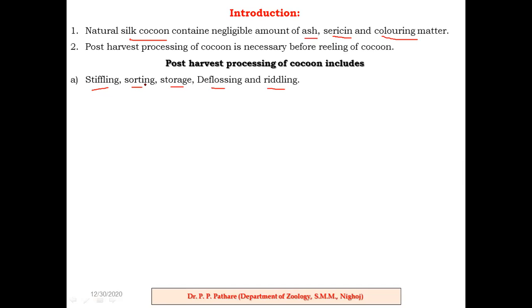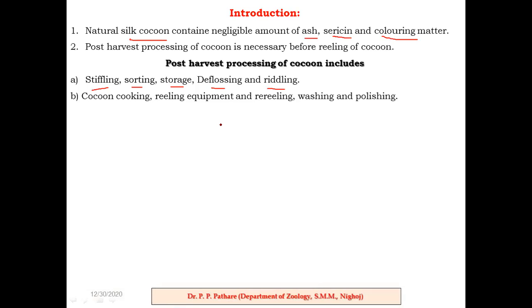Sorting is to sort out as per size and shape. Storage is very important because some pests also affect the cocoon. Then defoliation is to remove unwanted particles and matters from the cocoons. These are the process names included in post-harvesting. We will study them in detail one by one in the next few lectures.